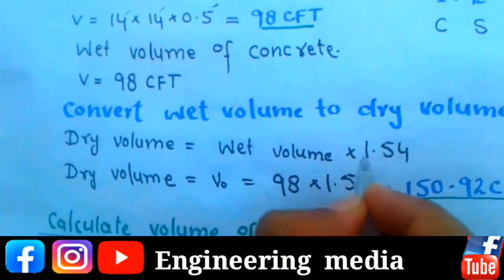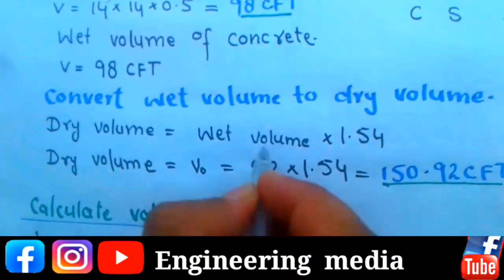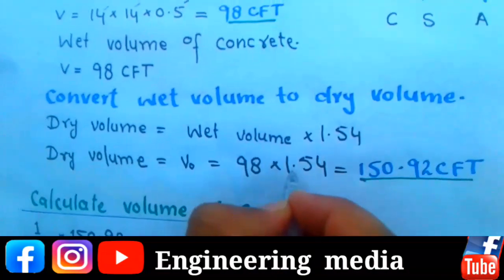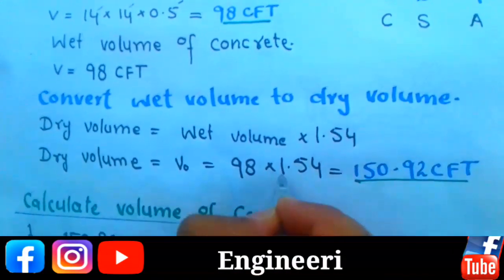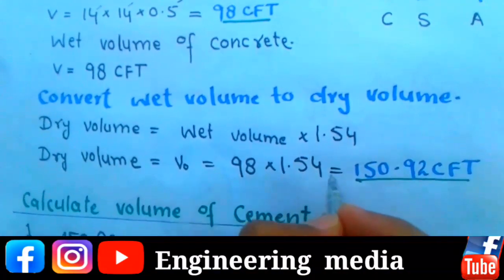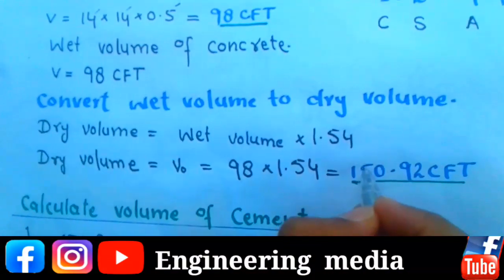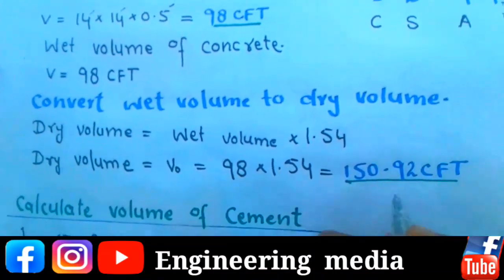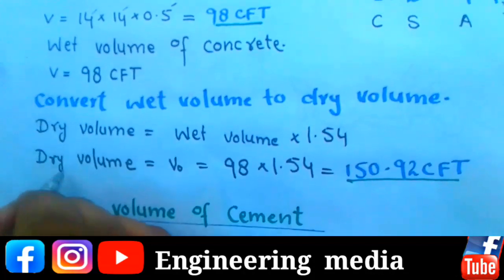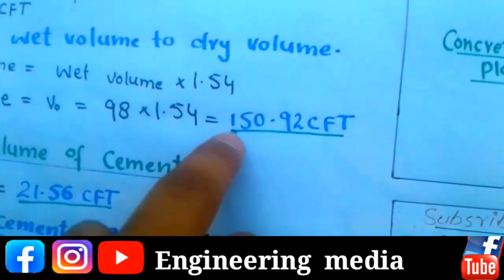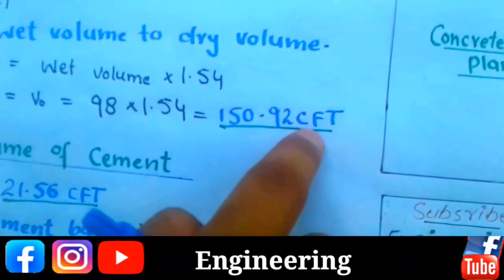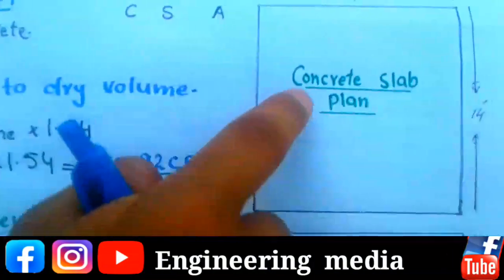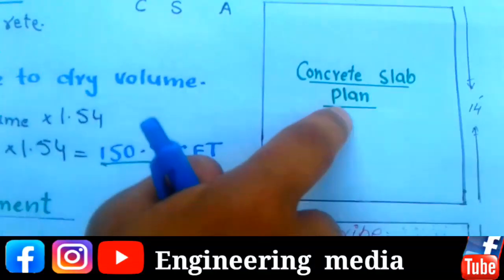So wet volume value is 98, and this constant value is 1.54. When we multiply these two, then 150.92 CFT is found, and this is the value of dry volume. So this 150.92 CFT is the total dry volume value for this concrete slab plan.